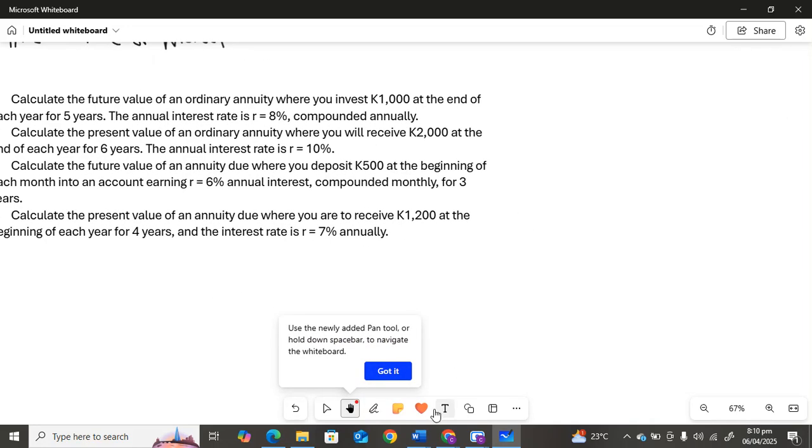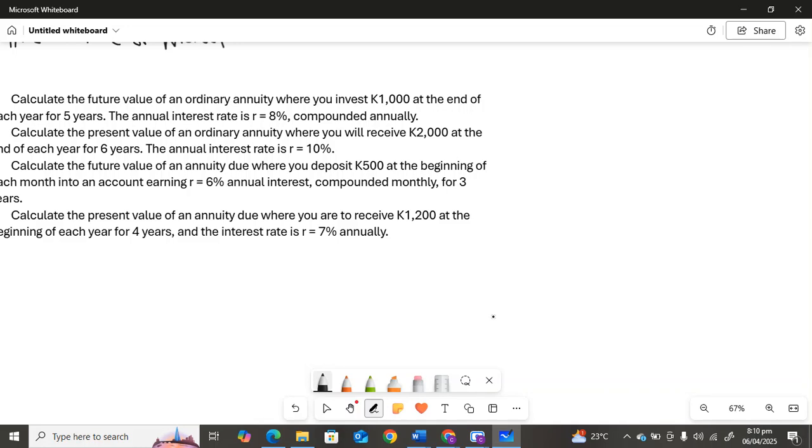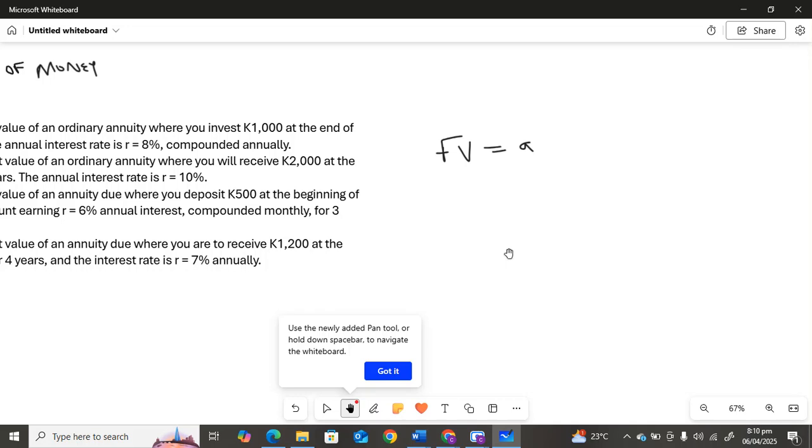So this is the formula for the future value of an ordinary annuity. A represents the equal amounts that you'll be putting in. In this case, it's these 1,000s.